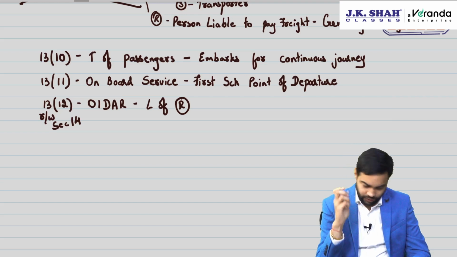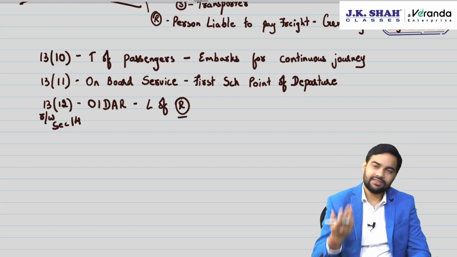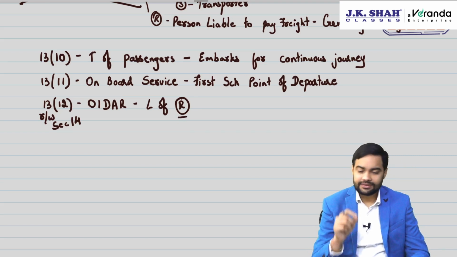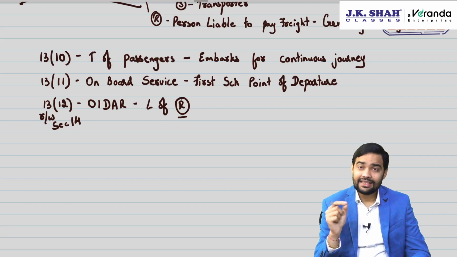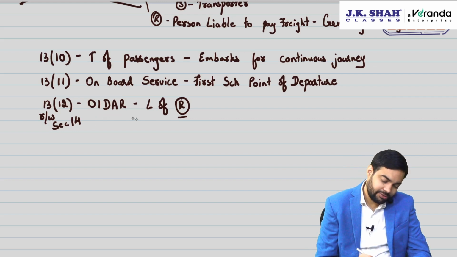Now, what was the need to bring location of recipient here? Because anyways 13.2 uses location of recipient. The point is 13.2 clearly says that if recipient's location is not taken in the ordinary course of business, then it can be location of supplier. And these OIDAR service providers may be outside India.